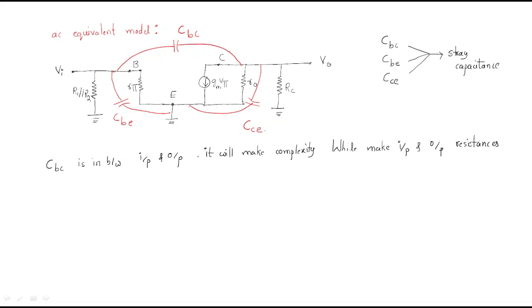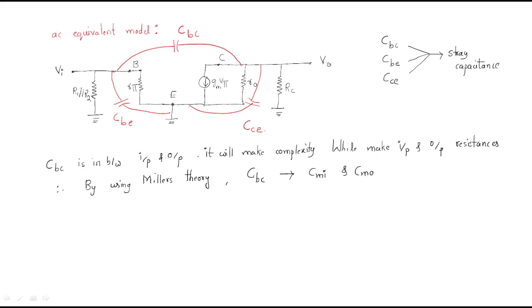So for that purpose, by using Miller's theorem, we will convert it into two different capacitances. We can divide this CBC into two categories. One is CMI and another one is CMO.